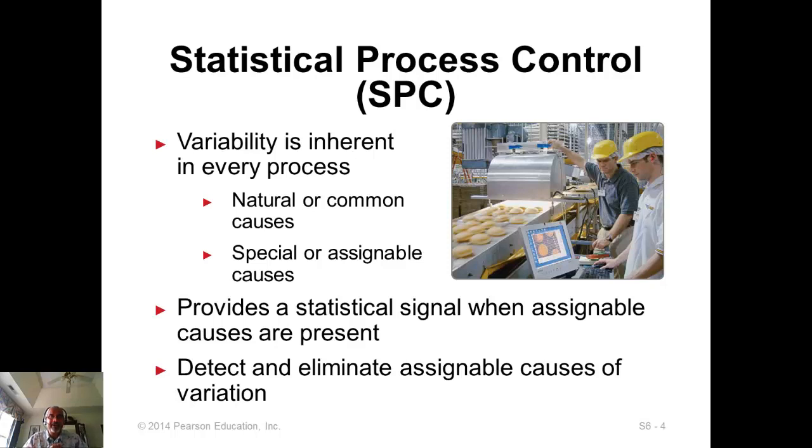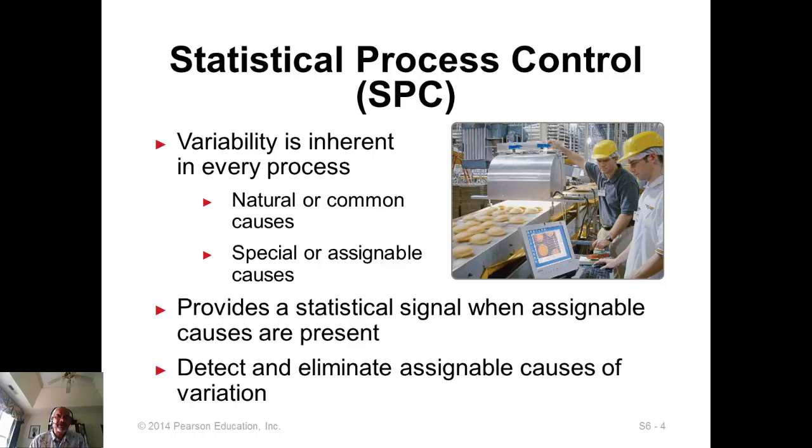Variability attributable to correctable problems in the production process is called assignable cause variation, variations due to assignable causes. So statistical process control is a statistical signal to indicate when assignable causes are present. That is the primary objective of statistical process control.